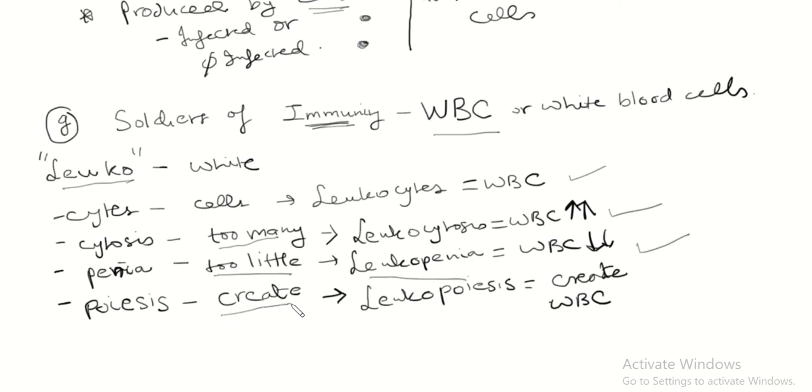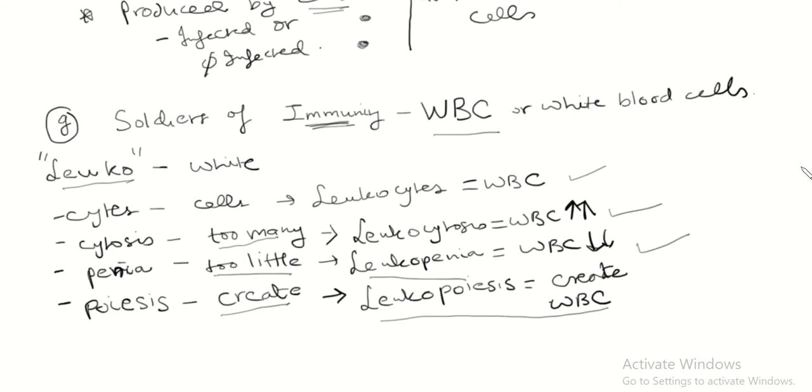Poiesis means to create. So the process of creating white blood cells is leukopoiesis. See? Terms that make perfect sense make it easy for us to learn.